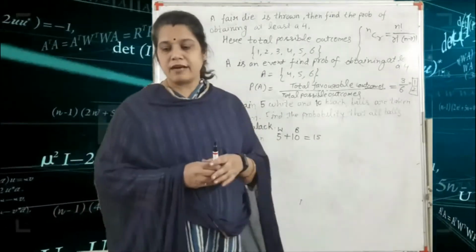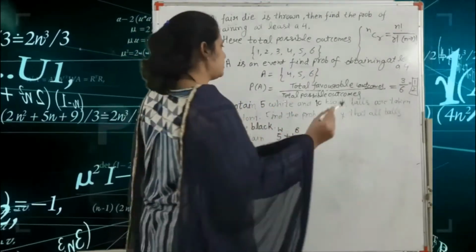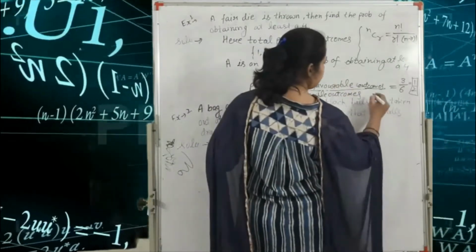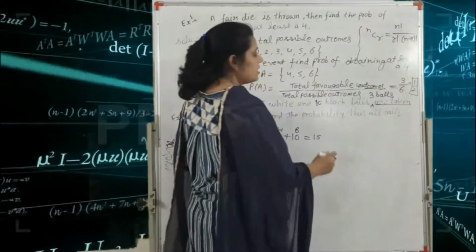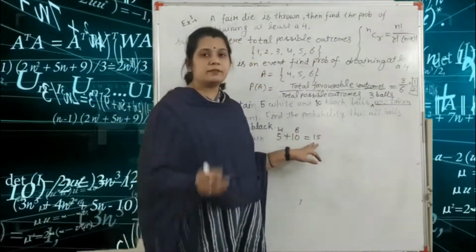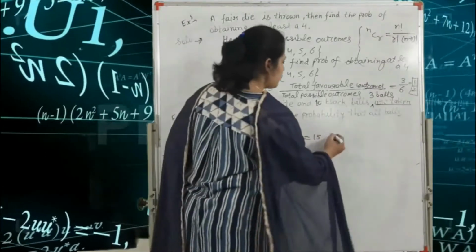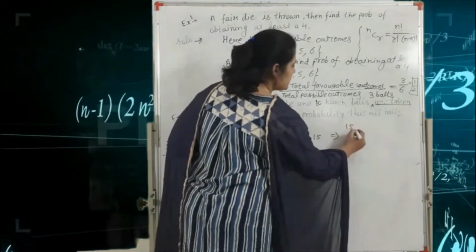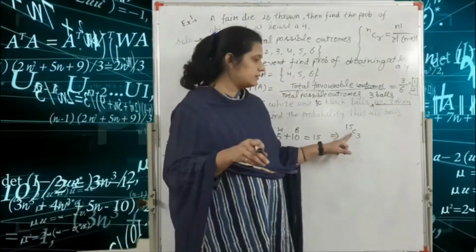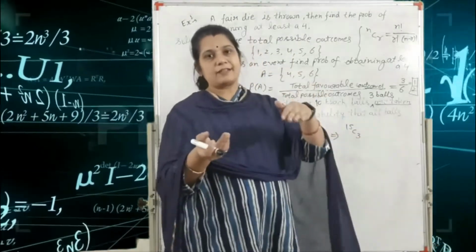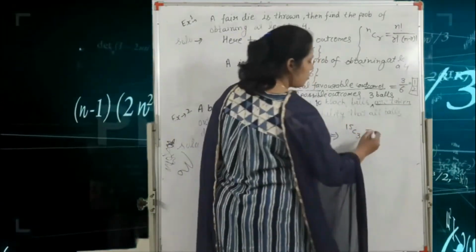So here the total is 15 balls and 3 balls are taken out. That means we write 15C3, because we randomly select 3 balls from a bag containing a total of 15 balls. So first we solve this step.